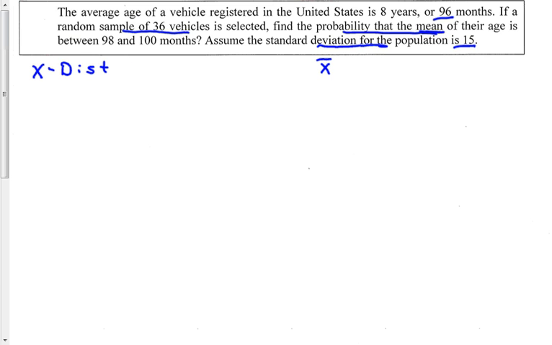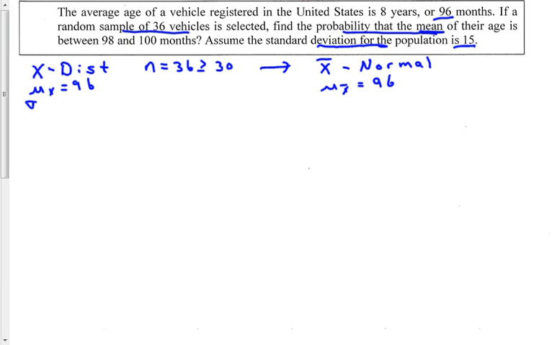If this were normal, then we would be able to say normal. But N is 36, which is sufficiently large to state then that we can use this as a normal. So we can calculate probabilities for those averages using the normal distribution. It has a mean, so the mean of the sampling distribution is also 96.